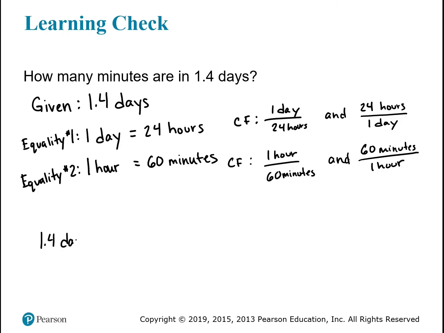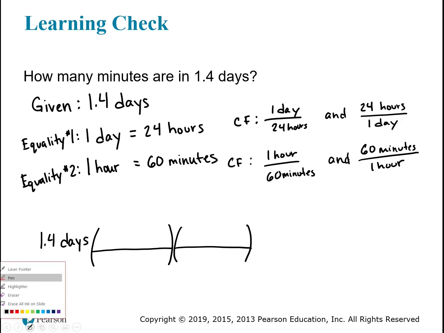Starting with 1.4 days, our given information, we need to choose the correct conversion factors to cancel out days and get to minutes. First, we go to hours. Let's write our plan above because I think that's helpful too.